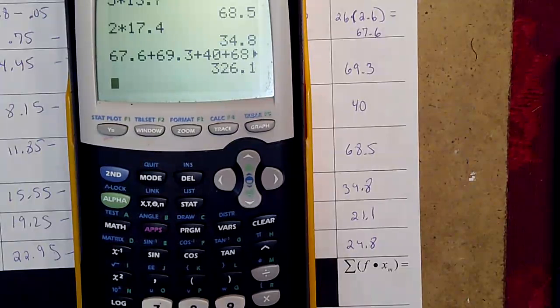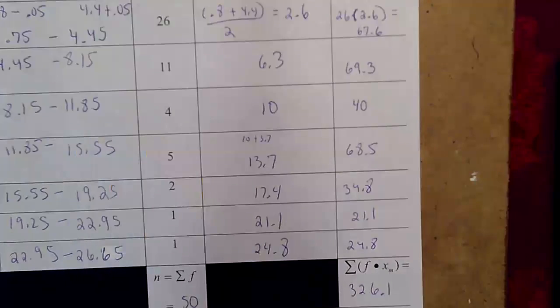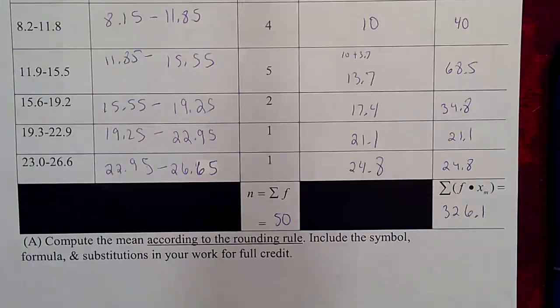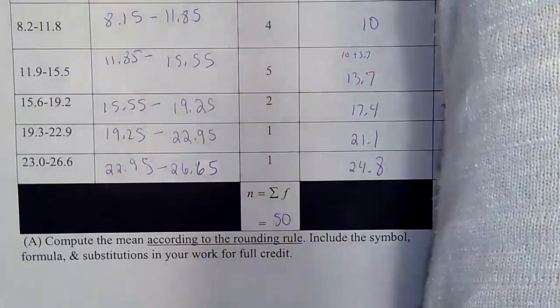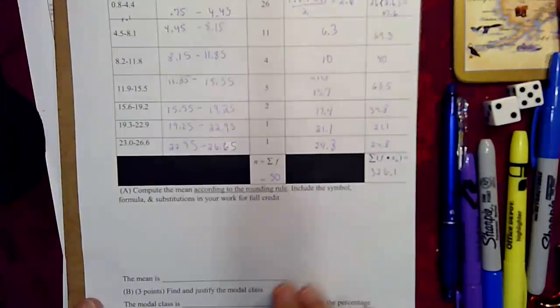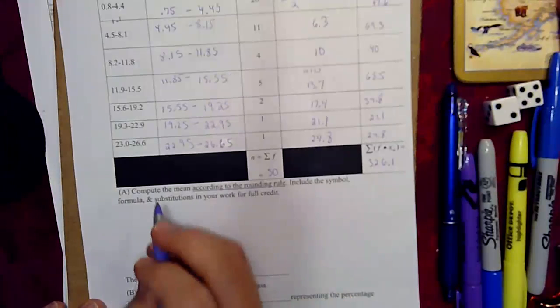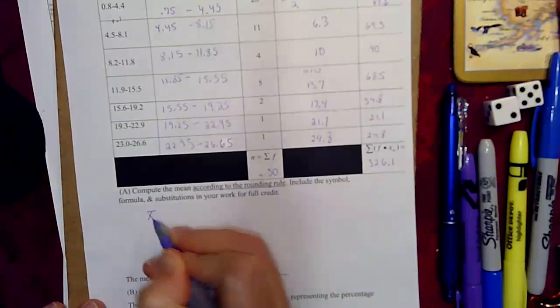And that gives me 326.1. Okay, and you add those up. Okay, and then when you come down here to your formula, compute the mean according to the rounding rule, include the symbol. So this is the symbol that we want you to use for the mean.